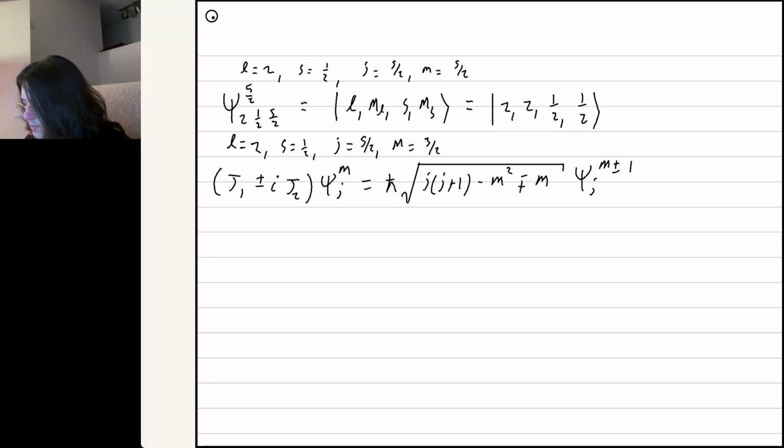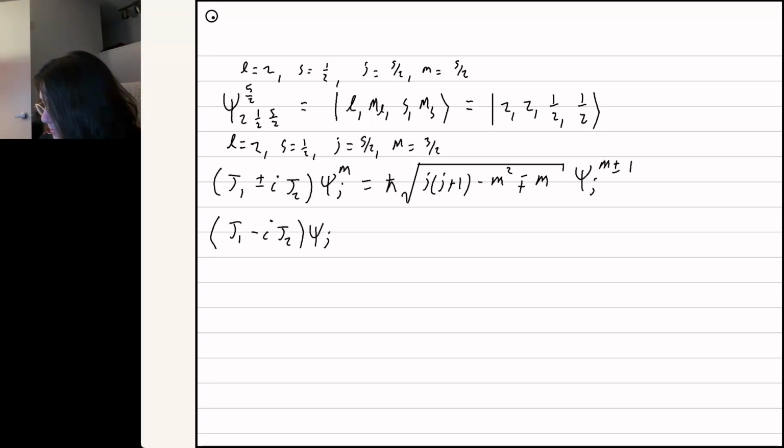If we choose 5 halves for our m, and we are looking for the lowering operator to take it to m equals 3 halves, then we're going to have J1 minus i J2. This is going to be L, S, J, so 2, 1/2, 5 halves, 5 halves, will be equal to h bar square root.